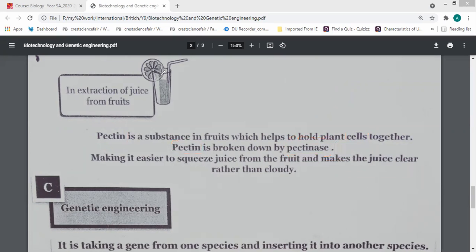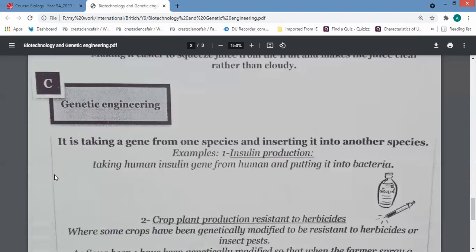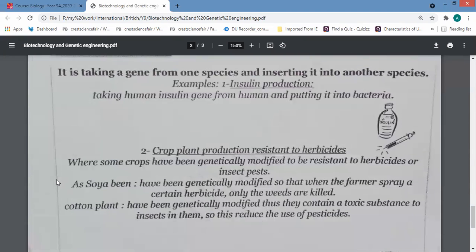Next point, genetic engineering. In this science, we change genes by removing or inserting genes from one species to another.